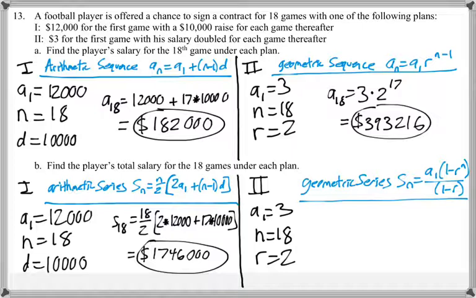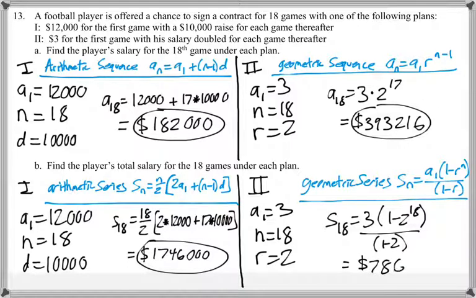Then lastly, the geometric series is going to be 3 times 1 minus 2 to the 18th over 1 minus 2. And that's going to be 786,429.